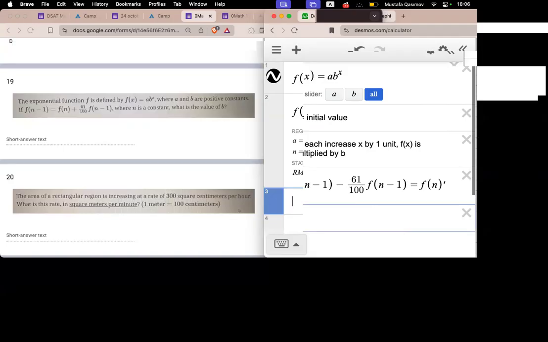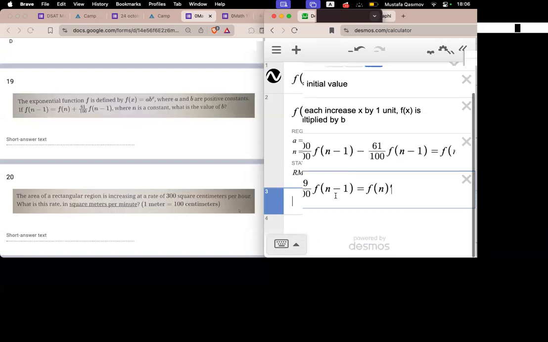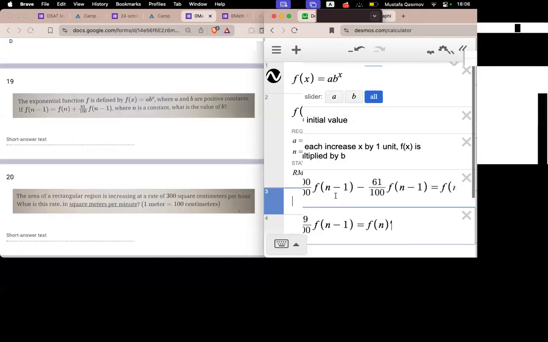Then you can write it like that: 39 over 100 f of n minus 1 is equal to f of n. This function means that when you increase n or x by 1 unit from here to here, it will multiply by 39 over 100, so it is 0.39. You can also find the answer like that.